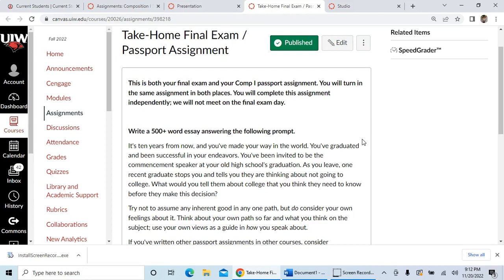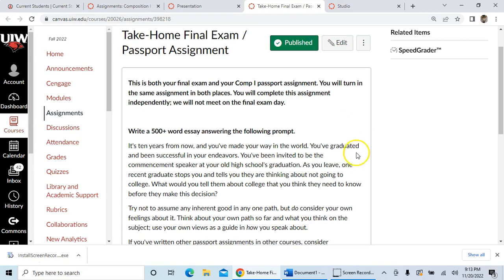A passport assignment is a part of the Common Core curriculum, which has all of your core classes doing assignments that connect with each other. These are just basic, simple assignments that are designed to show you how all of this knowledge that you're getting out of freshman year connects together. Freshman and sophomore year, however many years.